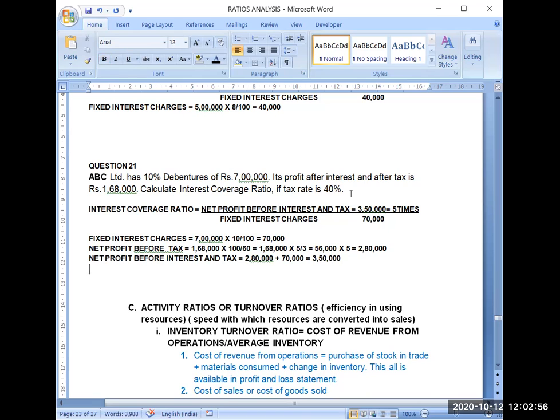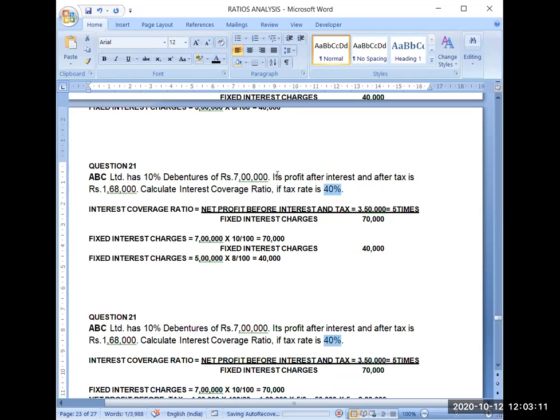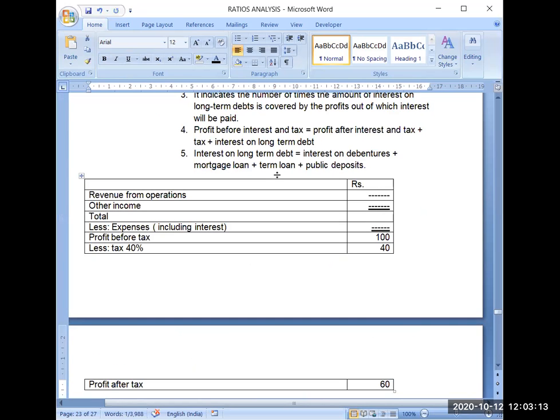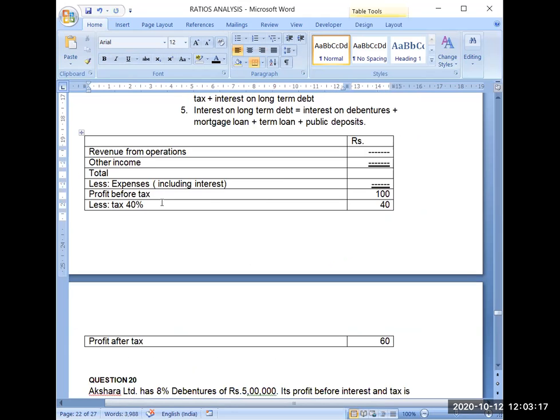So in such types of questions, where first, profit after interest and tax is given, and second, the tax rate is given, in that situation first assume the amounts like I have shown you: assume the profit before tax as 100. Then deduct the tax rate given, and you will get the remaining percentage of profit.